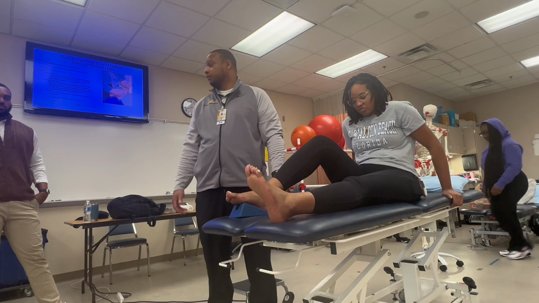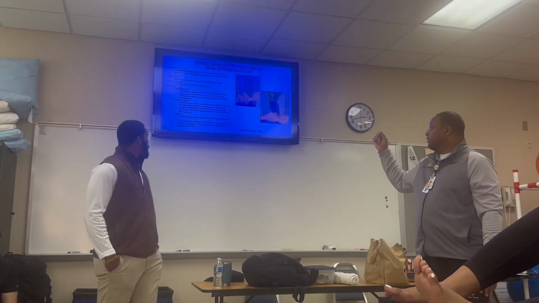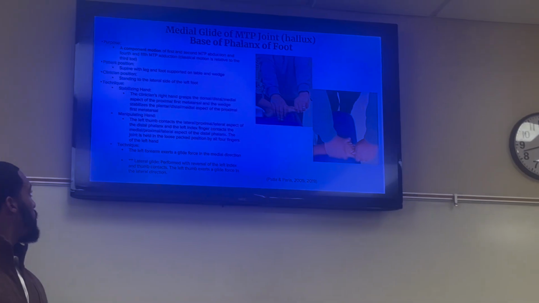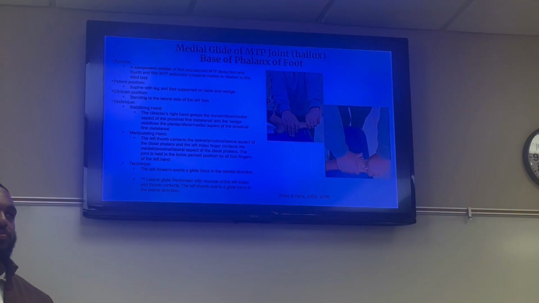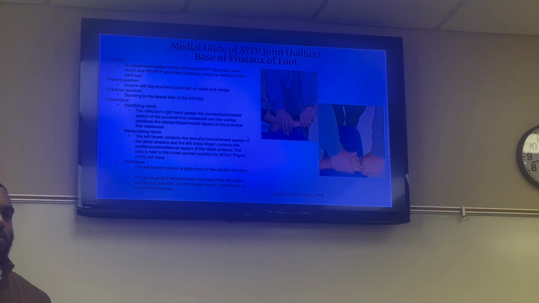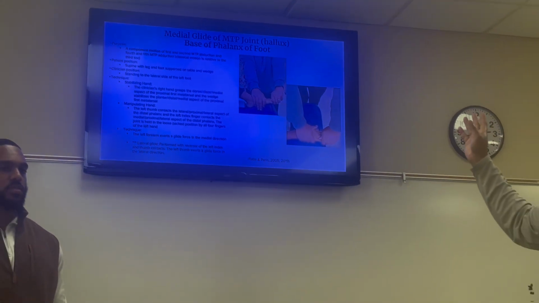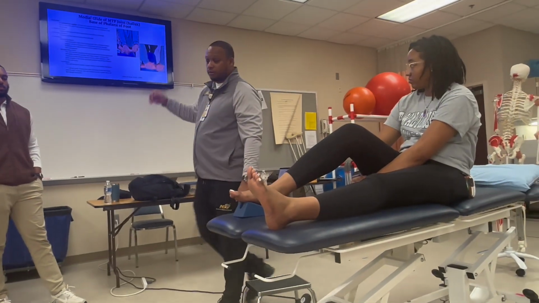All right. So, medial glide of the MTP joint. We're still at the hallux, right? The medial glide is the component motion of the first and second MTP abduction, and fourth and fifth MTP adduction.